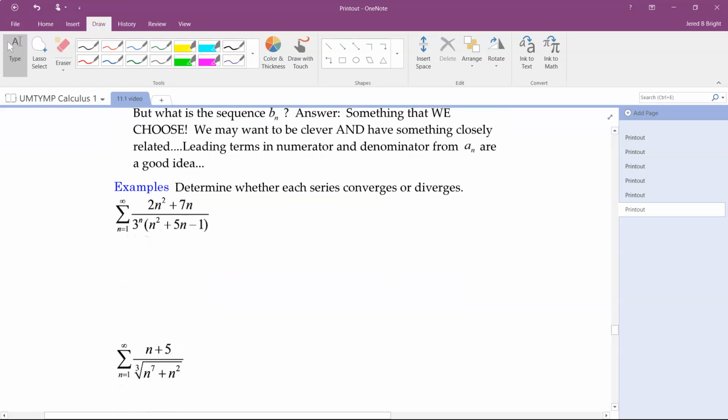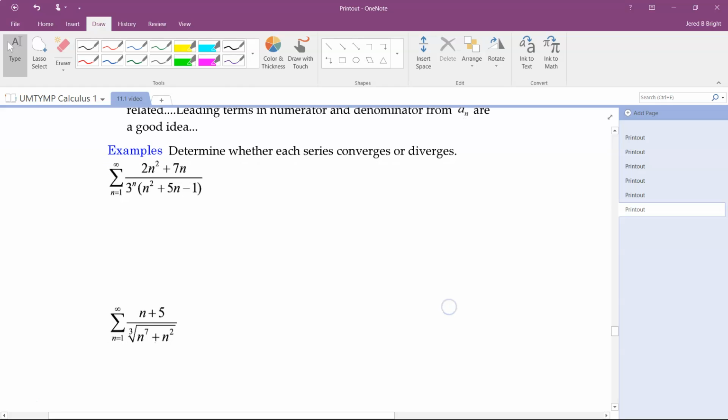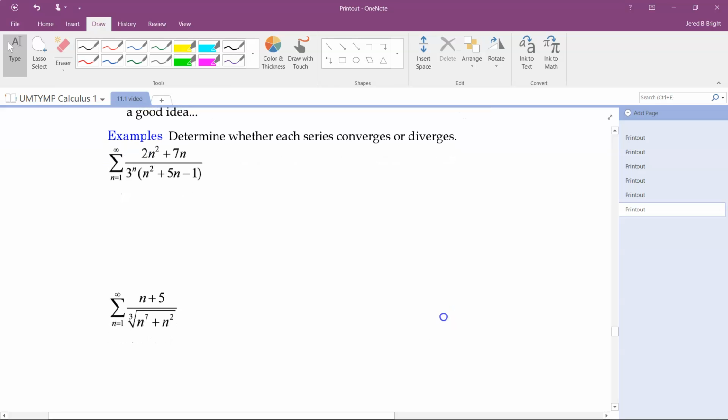Okay, so I'll do an example and then I'll leave you to do some examples. So we want to determine if this converges or diverges. Here is our sequence. I'm just going to be lazy and call all that AN. So I want to find BN, but I want to have some sort of intuition about all this as well.